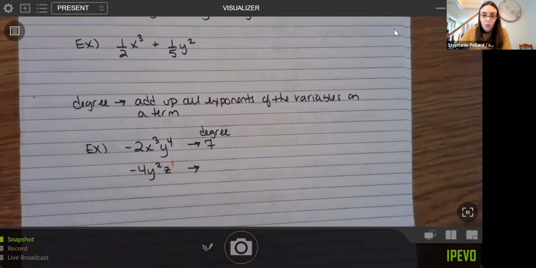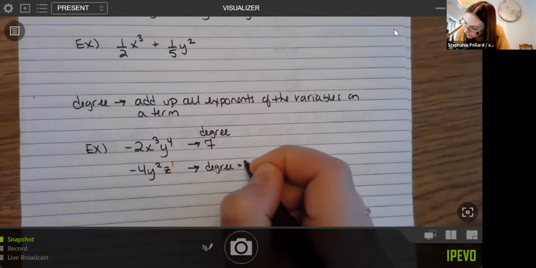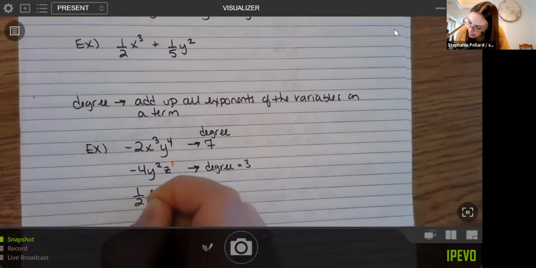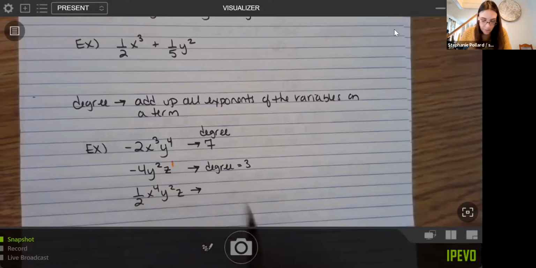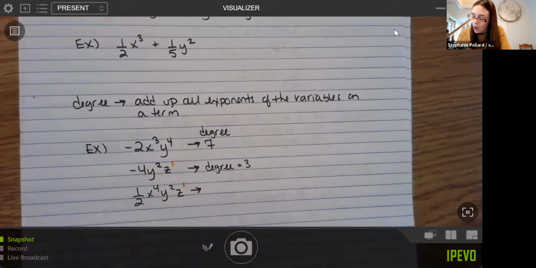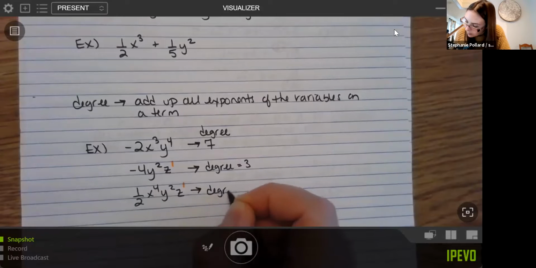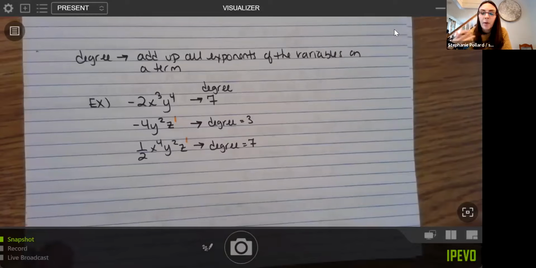So here it would be 2 plus 1, which is 3. Or we'll do one more. Maybe I have 1/2 x to the 4th y squared z. Here I have 3 variables. That's absolutely fine. We can add up all exponents. 4 plus 2 is 6 plus 1 is 7. So very similar concept, but we're adding up all the exponents on the variables.